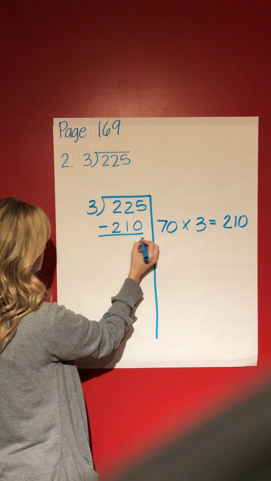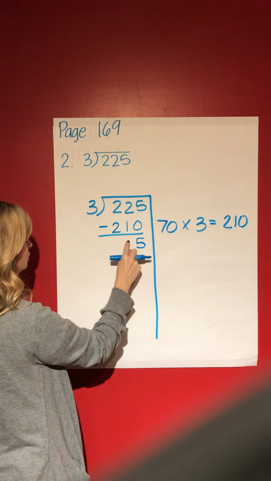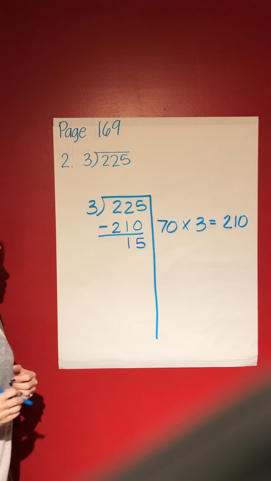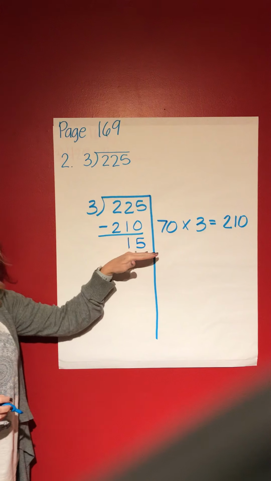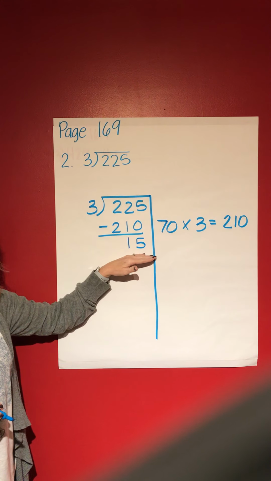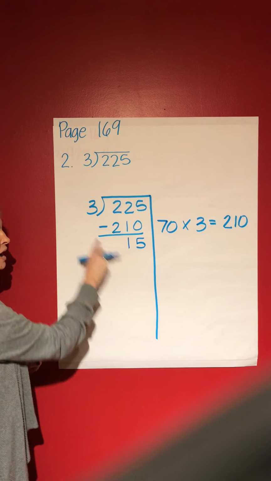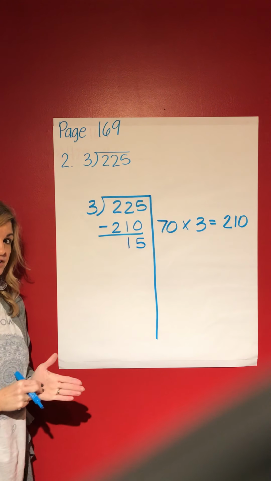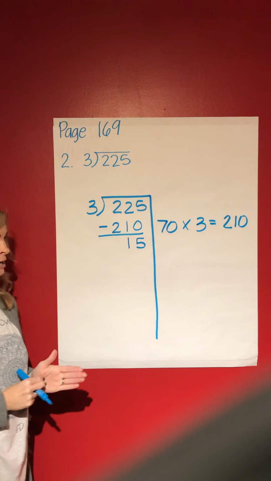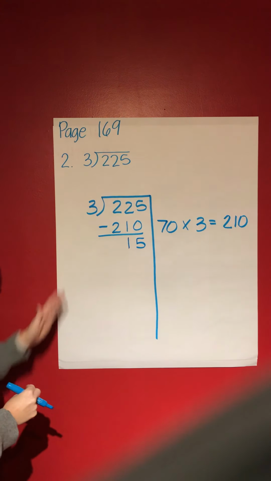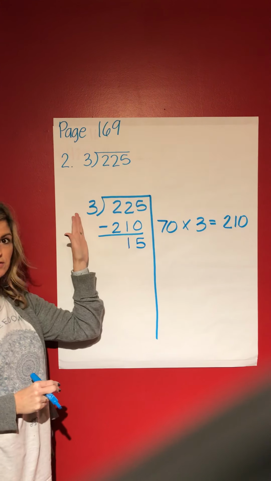Hopefully this is an easy subtraction problem for you. 5 minus 0 is 5, and 2 minus 1 is 1. All right, so as long as I still have a number here that is bigger than my divisor, I have to keep going. I'm not finished finding my quotient yet, okay? So 15 is definitely bigger than 3.